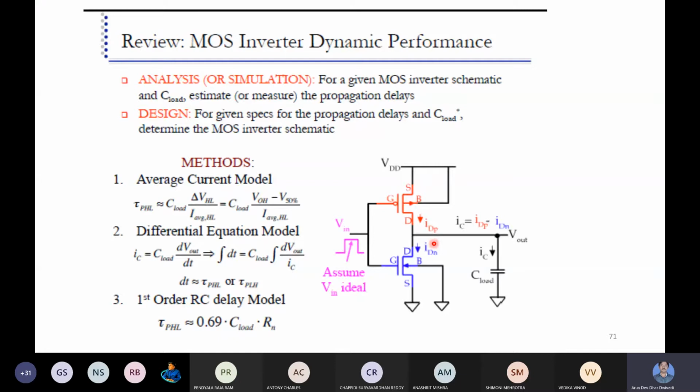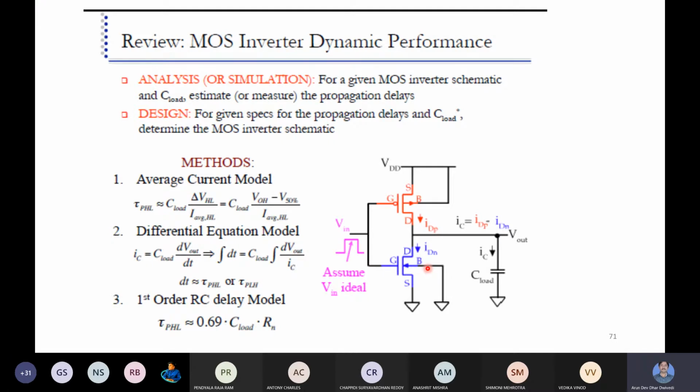In that case the PMOS will be off, only the NMOS will be on, and this capacitor will start discharging through the NMOS. During that time we can calculate TPHL, the propagation delay during the high to low transition.